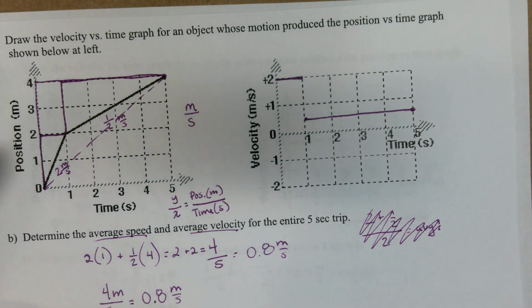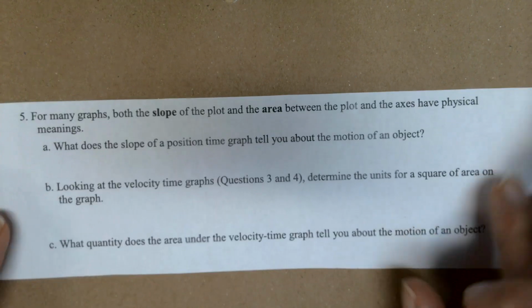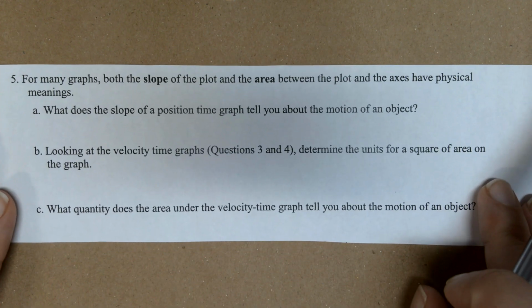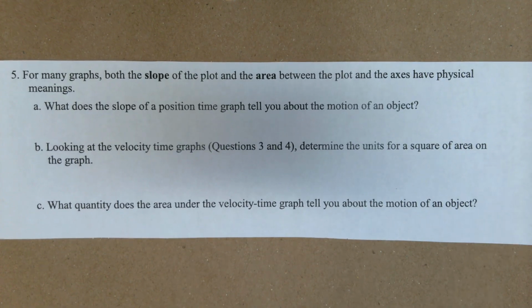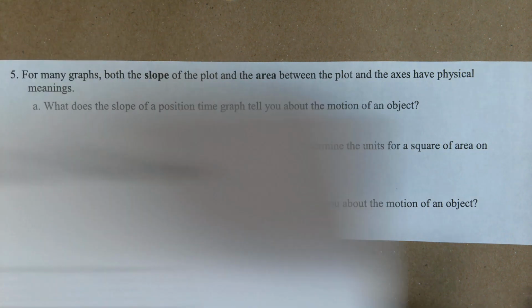Okay, now I want to look at these questions, which refer back to the 2 questions I just completed. So for many graphs, both the slope of the plot and the area between the plot also have physical meanings. What does the slope of a position time graph tell you about the motion of an object? So I'm going to go back to this.